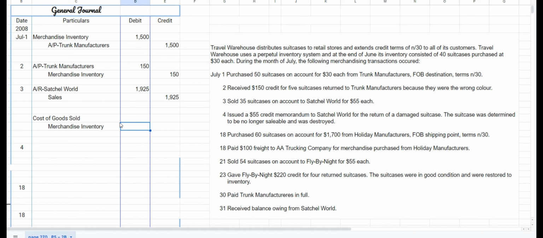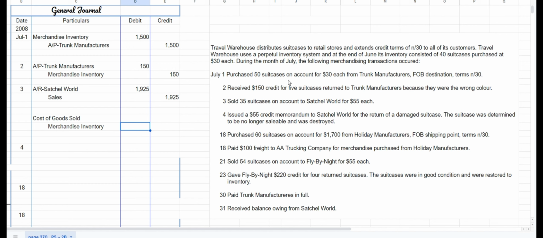So you sold 35, and now we need to find the value of those suitcases. And we can see in the question that you purchased 40 suitcases at $30 each. And then on July 1, you bought 50 more, but they're also $30. So each suitcase is worth $30.